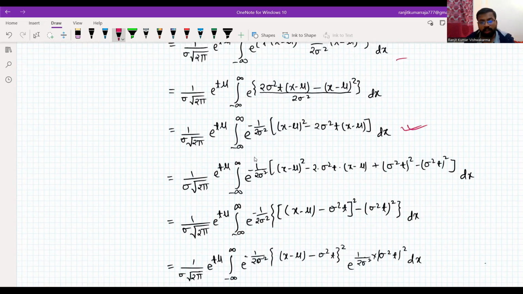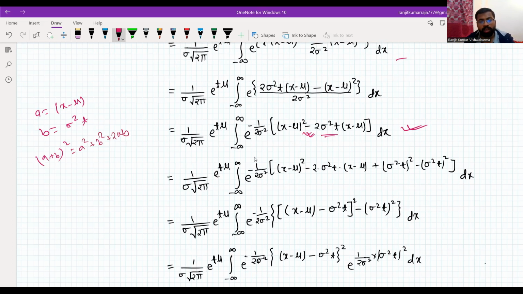Now I want to convert this expression into a perfect square. Let us consider a equals x minus mu and b equals sigma square t. I am trying to convert this expression into a plus b whole square, that is a square plus b square plus 2ab.